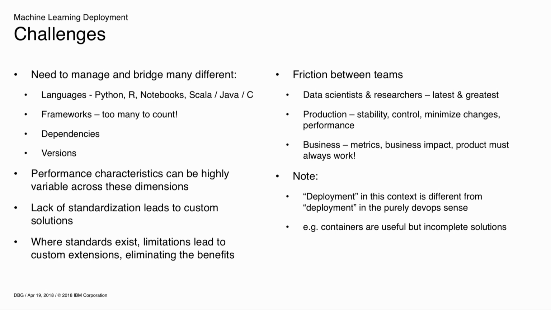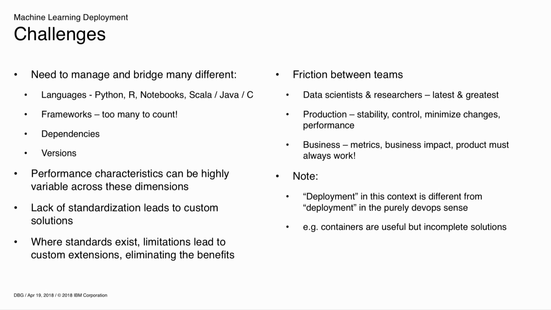And using containers also puts a lot more of the DevOps burden onto your data science team. So in some ways that's good because they take ownership, but you need a lot of that process to be automated, packaging things up into containers, for example. And that is a lot of work and a lot of maintenance burden. Finally, where standards do exist, some of them are out there, and we'll talk a little bit about one shortly.